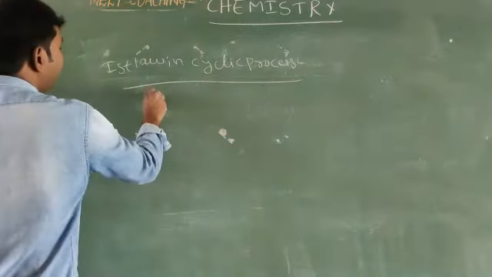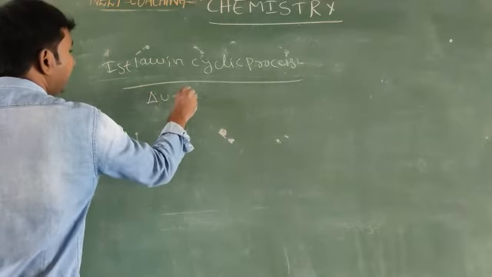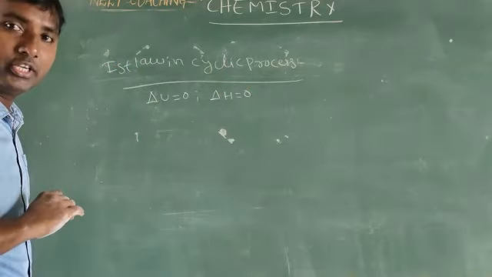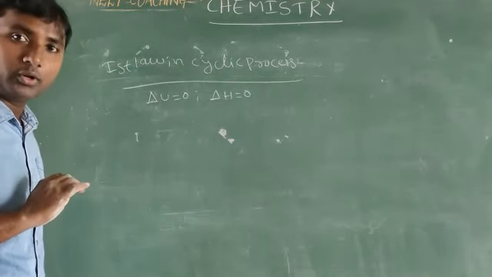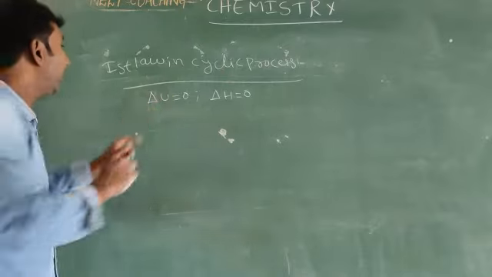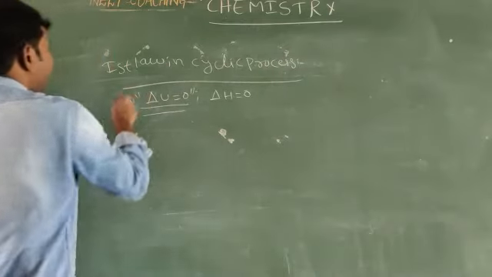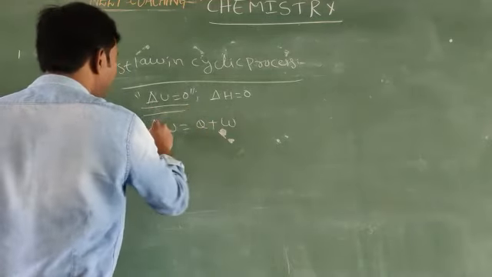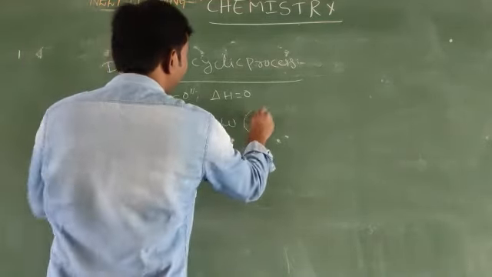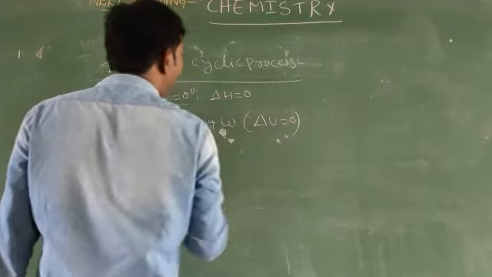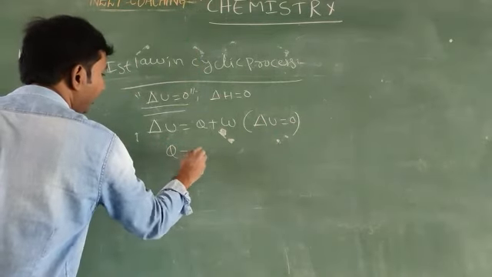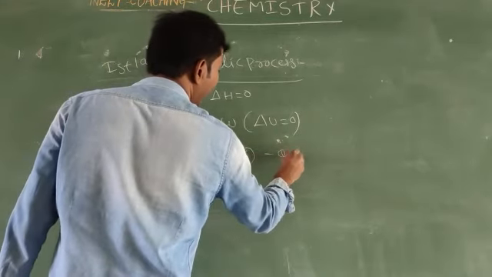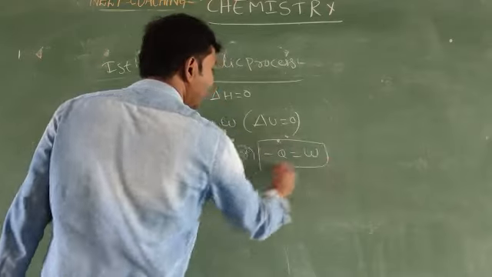In a cyclic process, internal energy change equals 0, enthalpy change equals 0, Gibbs energy change equals 0, entropy change equals 0, as already given. First law: del U equals Q plus W. So Q equals minus W, or minus Q equals W.